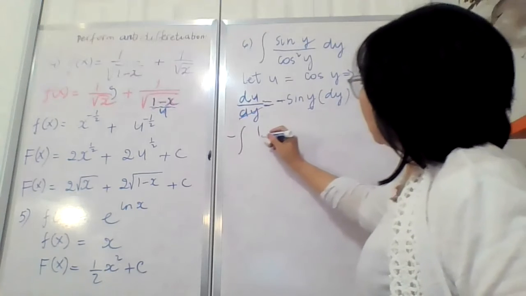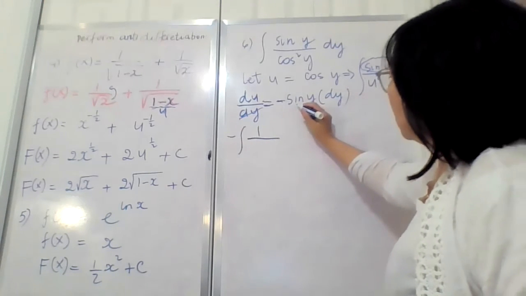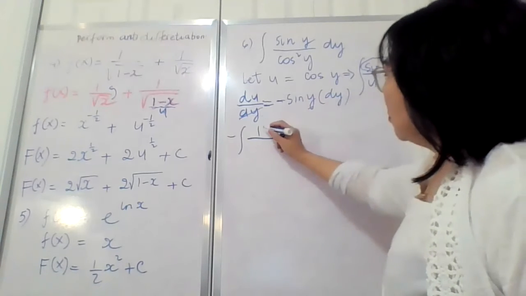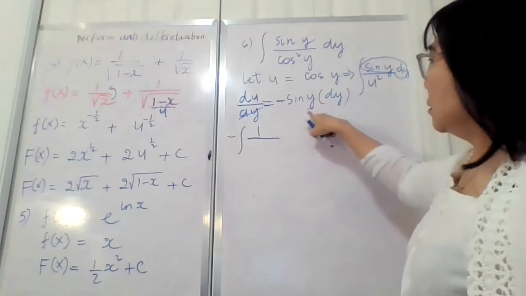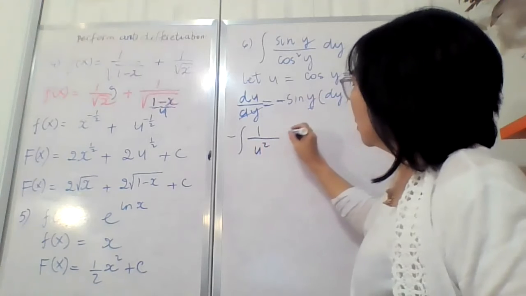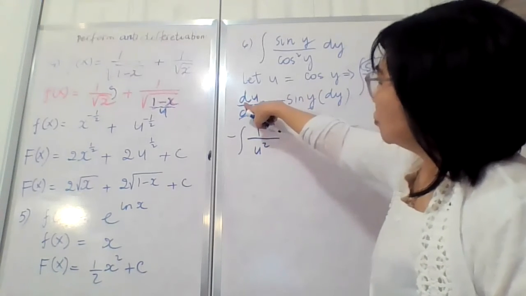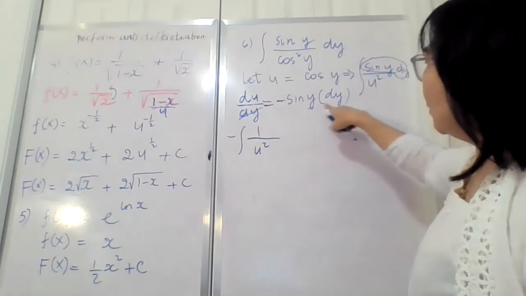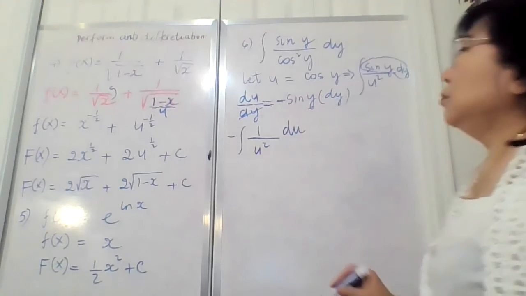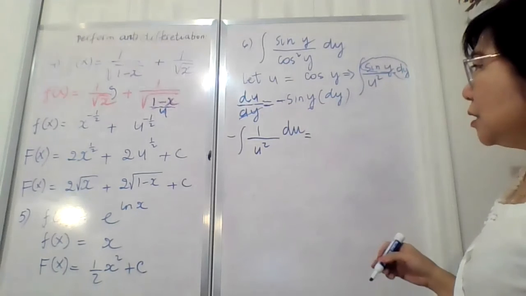You see the whole thing here, sine y dy, and down here is u squared. I substitute sine y dy, which equals minus du. That's our purpose, so that we can integrate easily.